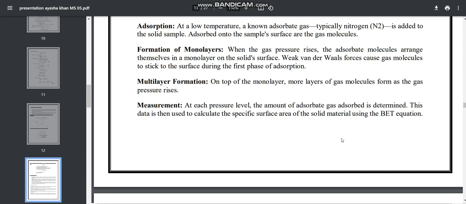Weak forces cause the molecules to stick to the surface during the first phase of adsorption. The next step is multilayer formation. On top of the monolayer, more layers of gas molecules form, and next we have the measurement. At each pressure level, the amount of adsorbate gas is determined. This data is then used to calculate the specific surface area with the BET equation.